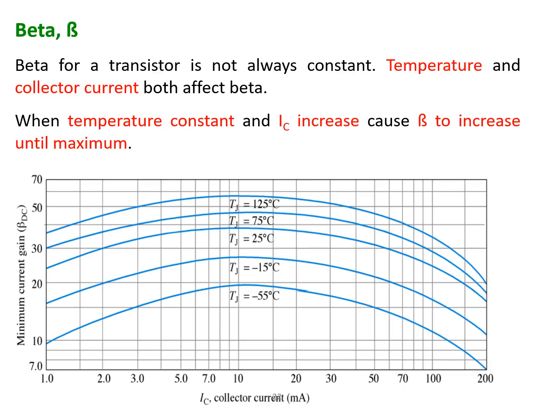Beta for a transistor is not always constant. Temperature and collector current both affect the value of beta, as shown in the figure below. When temperature is constant and IC increases, the value of beta will increase until a maximum.